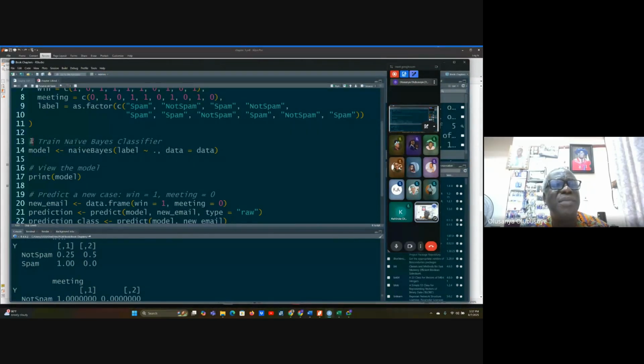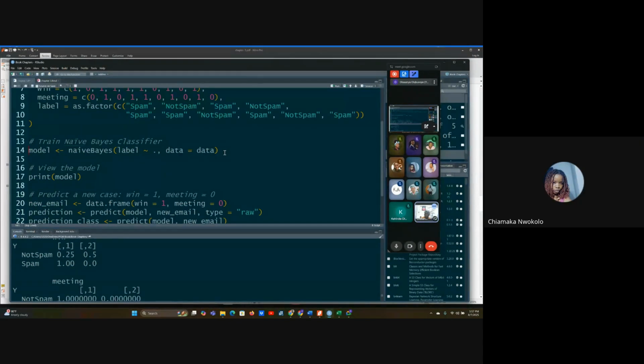Yes, these are comments. I told you last week that anytime you see a hash here, you are telling the machine, or R, that it is a comment, so it is not executable. But the ones without a hash are the ones that can be executed. I don't know if that answers your question. It does, sir. Thank you.